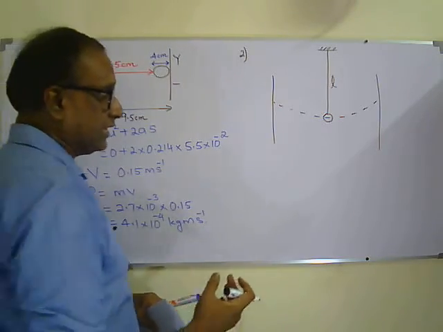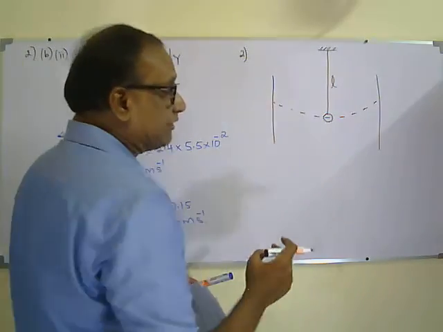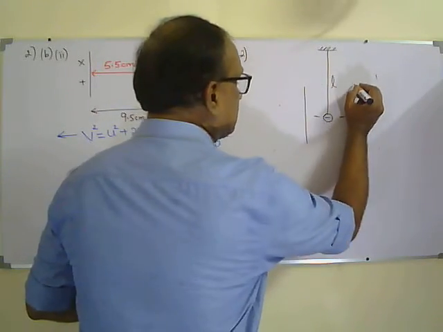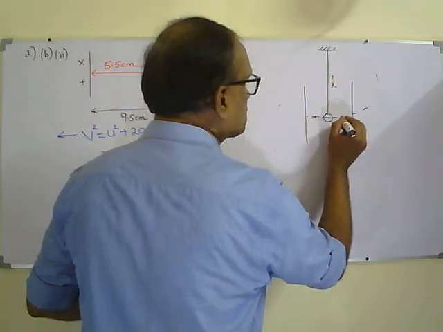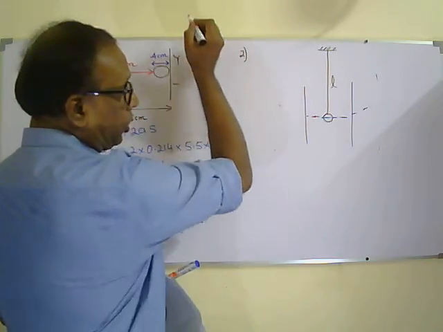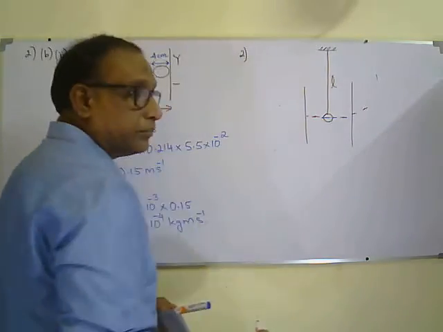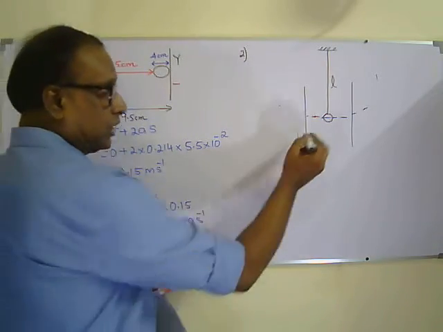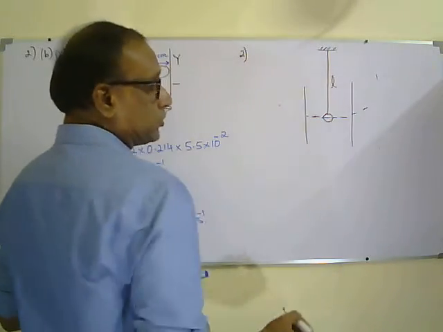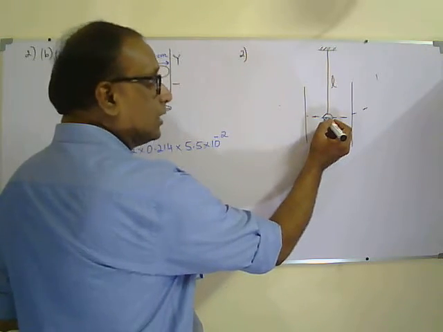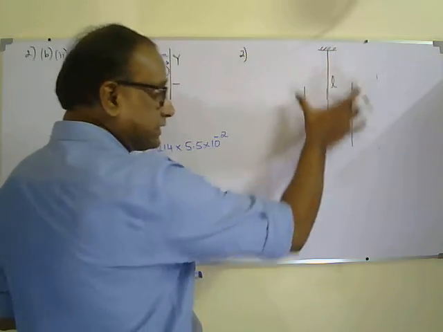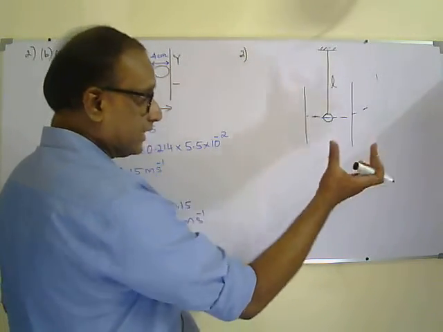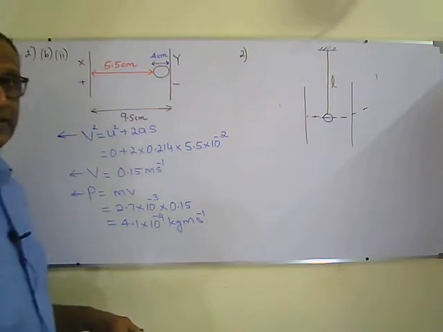Even though it's actually moving on a curved path, when we consider the close-up region, the motion looks like almost a straight line. Actually, it's taking a small segment of a circular path, but when we consider a smaller region, it looks like horizontal motion. So the curved path, we don't need to consider. We assume the ball is moving exactly in the horizontal direction in the region between the plates, because the length of the string is very large compared to the gap between the parallel plates.